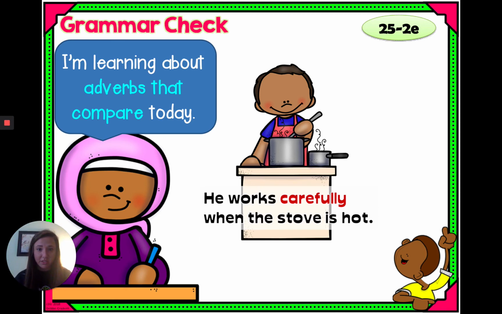So what should it change to, or what word should be added before carefully? More carefully. He works more carefully when the stove is hot. It would not make sense for you to say he works carefully when the stove is hot. In order to sound like a scholar, we say he works more carefully when the stove is hot.